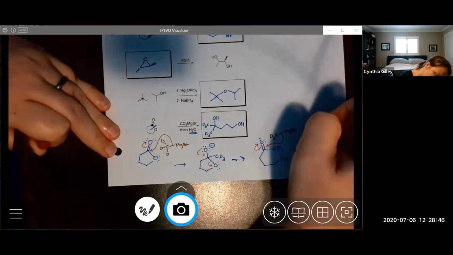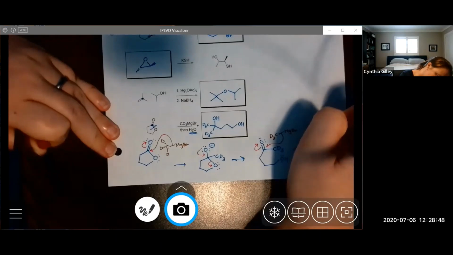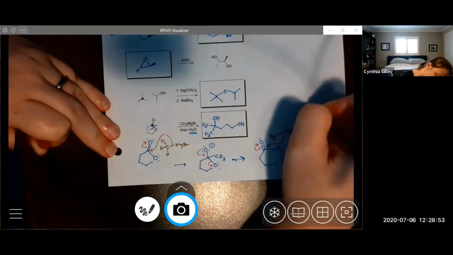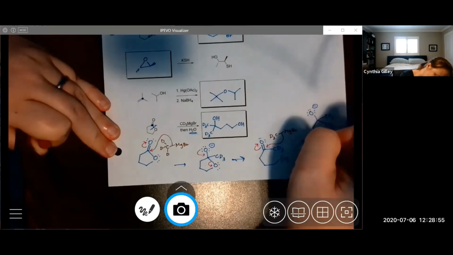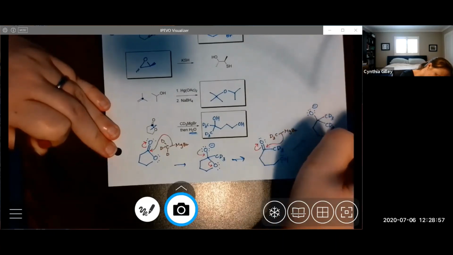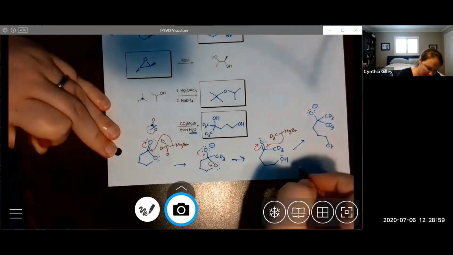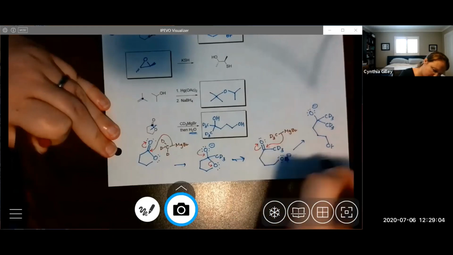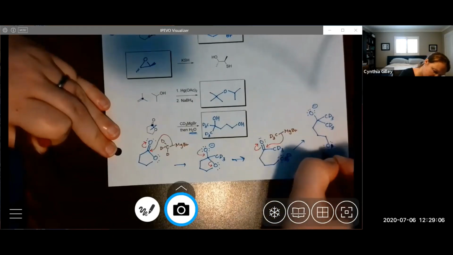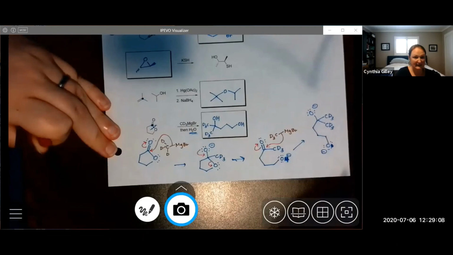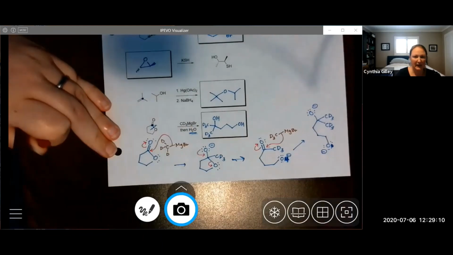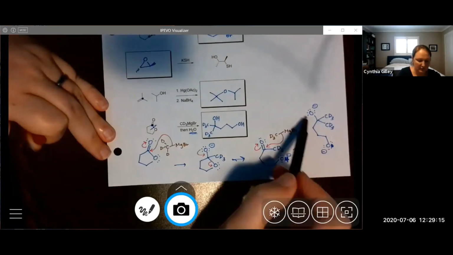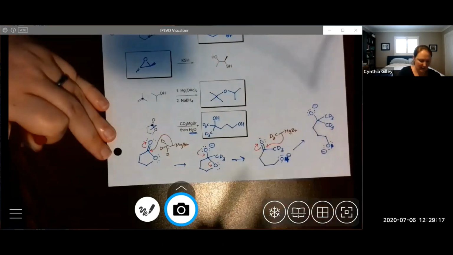So you can think of it as 2 CD3 groups now attached. As soon as it gets kicked out, and then at this point, the water comes in and provides the protons to protonate both of those.